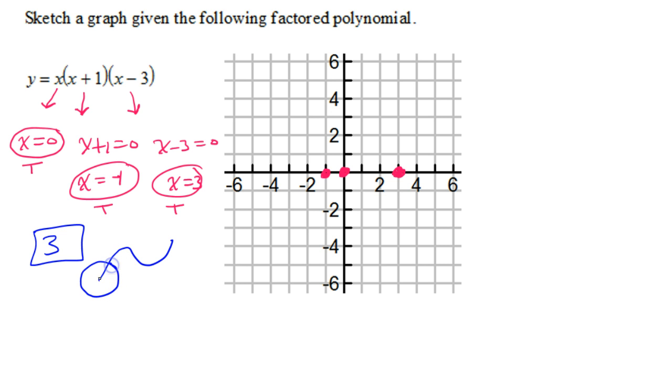Importantly, this tells me to start low. So I'm going to start off low and I'm going to go through this one, and through that one. So I'm going to have a graph that looks like this. Starts low, ends high, and it goes through -1, 0, and 3.